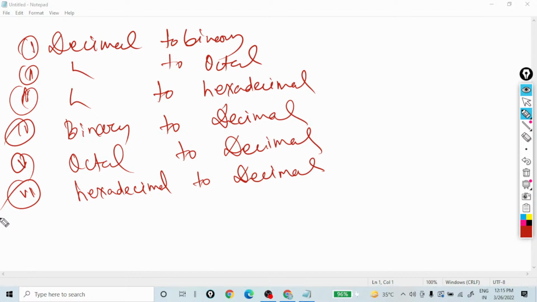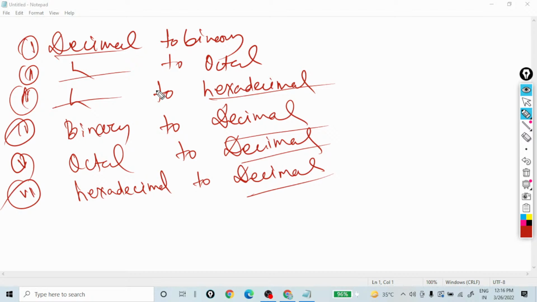Why are you taking decimal as reference everywhere? It's one type of reference point, right? Initially we will convert from decimal to binary, then decimal to octal, then decimal to hexadecimal, then binary to decimal, octal to decimal, then hexadecimal to decimal.